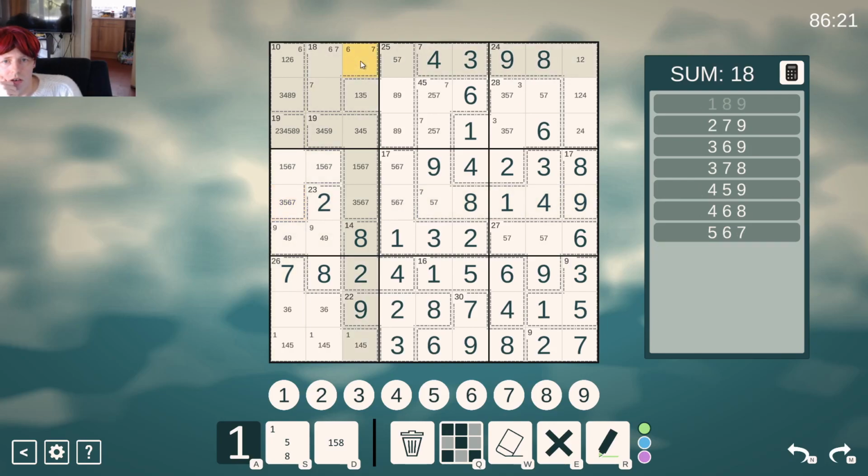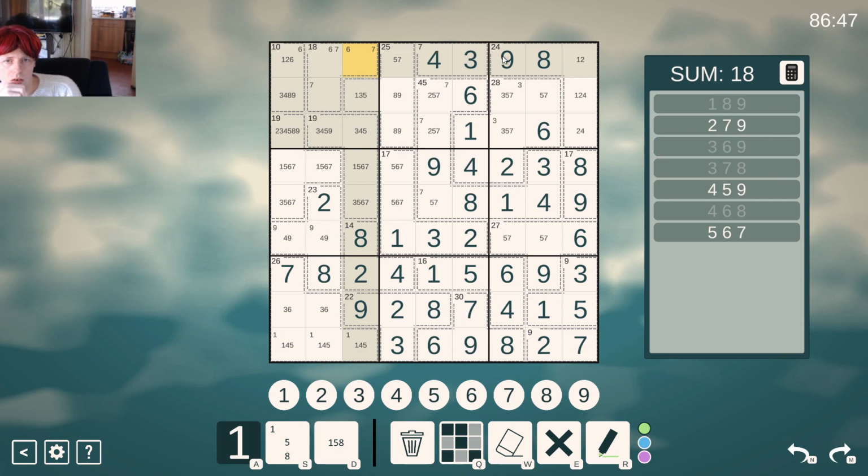Let me have a look here again now, because we've taken some more numbers out of this top row. We can't have 4, 6 and 8 anymore because 2 of the numbers have to be there. We can't have 3, 7 and 8. We can't have 3, 6 and 9.